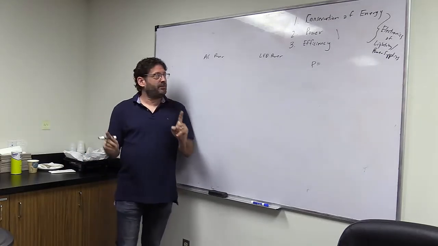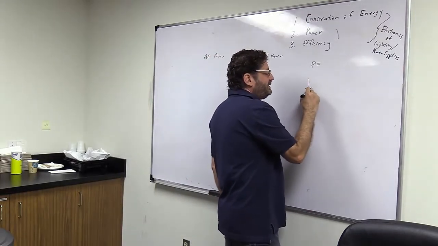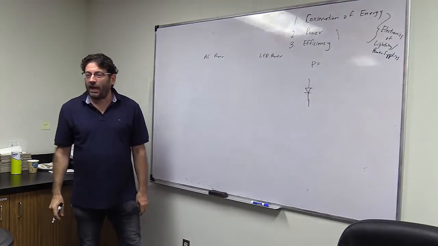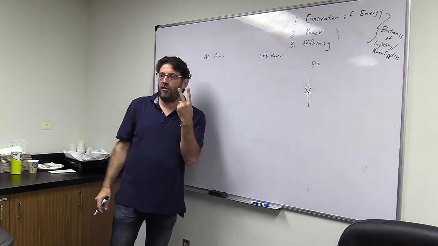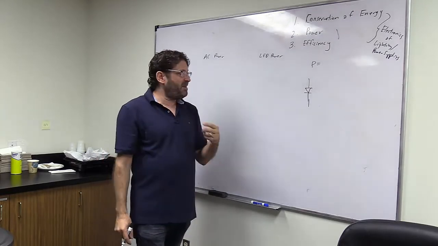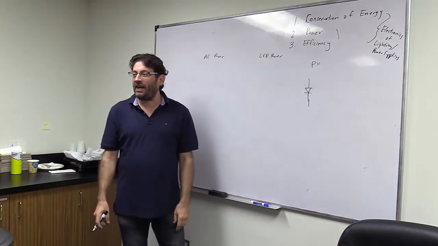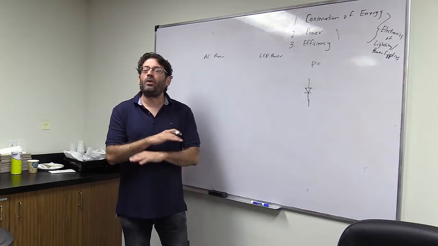Okay, that's good. But in electronics, I have a device, any device. Could be a resistor, could be an LED, could be anything. I only care about two things usually in electronics. There's only two physical properties that I care about. I don't care about its diameter, no offense to the MEs out there. I don't care about its length. I don't care about its chemical composition. To any chemical engineers out there, really don't care.